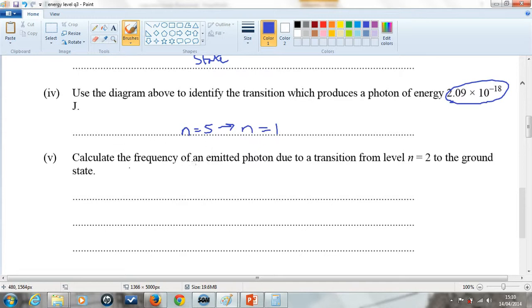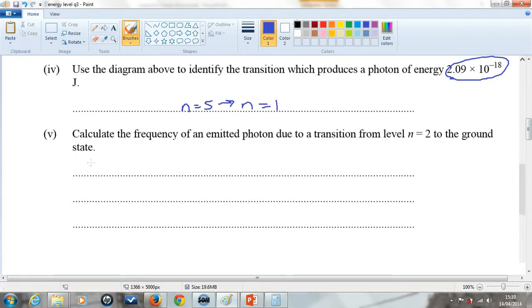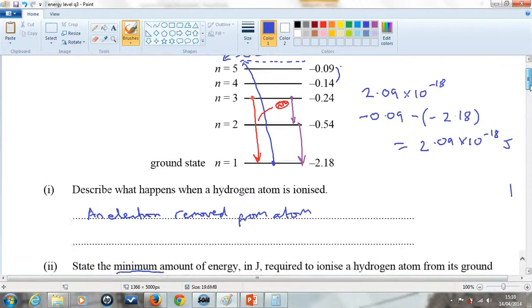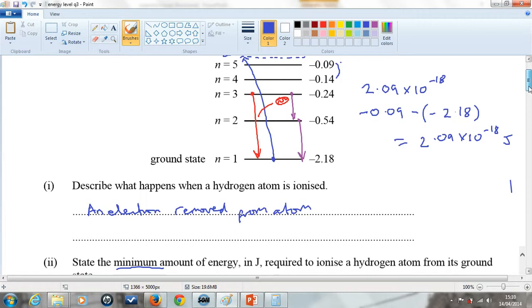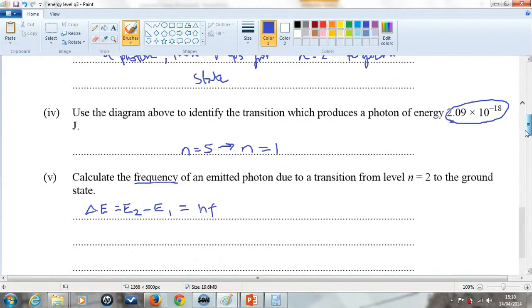Finally, it says, what is the frequency of an emitted photon due to a transition from level n equals 2 to the ground state? Well, the change in my energy levels, which is going to be the higher energy level minus the lower energy level, is also equal to hf, as we're looking for a frequency. So n equals 2 to the ground state is going from minus 0.54 times 10 to the minus 18 to minus 2.18 times 10 to the minus 18.